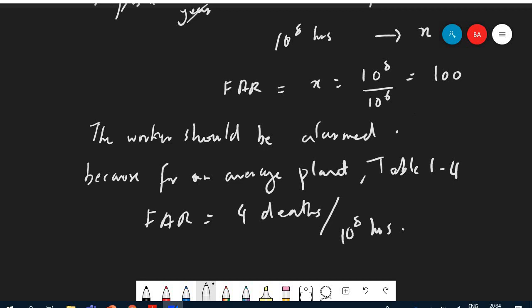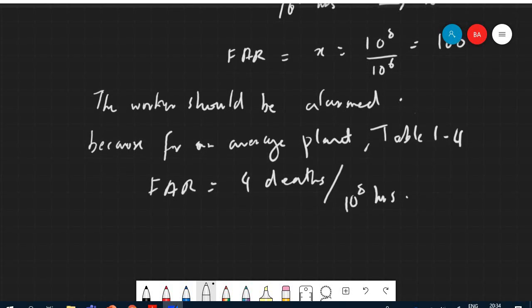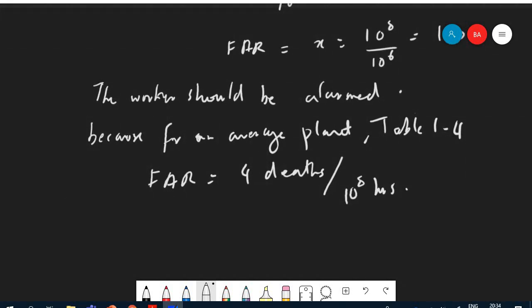And imagine how much that is. It's 100 divided by 4, that is 25 times. That is really a big number that we need to talk about.